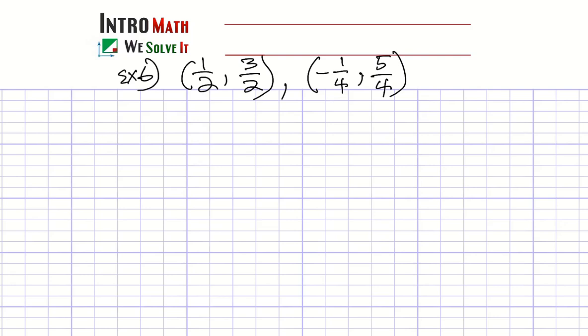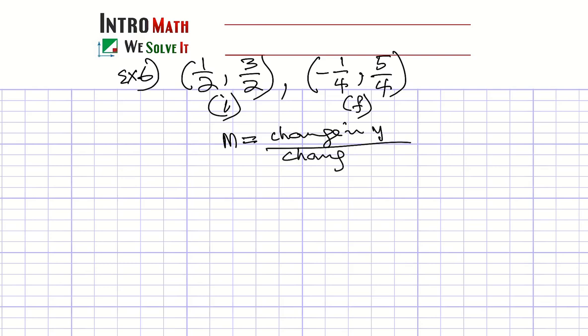This time this is initial. Okay, this is my way of remembering stuff. This is final. So let's find the slope. Slope is equal to change in y over change in x, right?